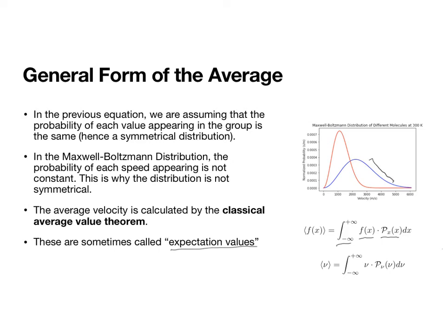So for the Maxwell-Boltzmann distribution, if we want to find the average velocity, which in our textbook we're going to denote with these brackets, we are going to take the integral of the velocity times the probability of the velocity, dv. And normally we need to do this over all space, so from negative infinity to positive infinity.